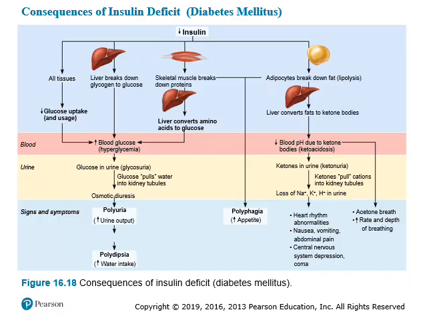Glucose pulls the water into the kidney tubules, and so that will promote urination. You're going to have increased urine output, and that will also result in polydipsia, which is excessive thirst due to the water loss of polyuria.